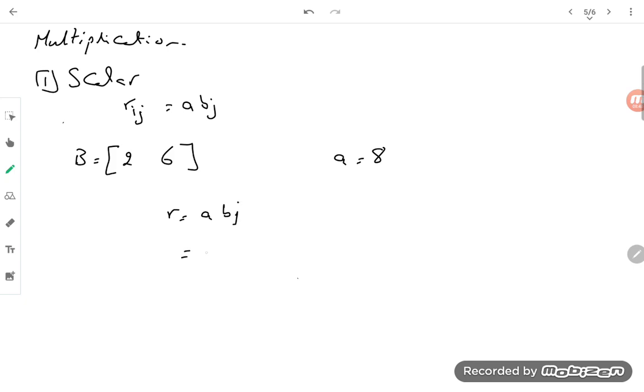So in this case, it will be 8 multiplied by 2, 6. So we are going to multiply 8 by 2 and 8 by 6. So we are going to have a vector with the same order, 16 and 48.